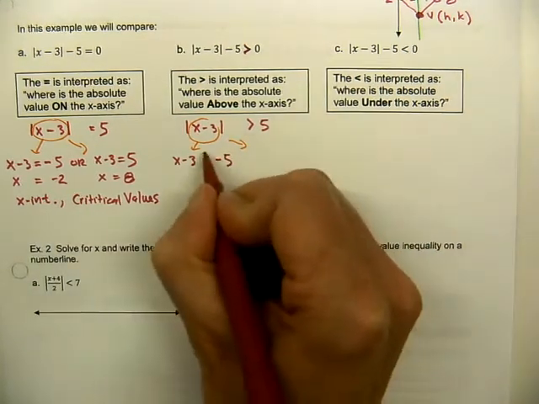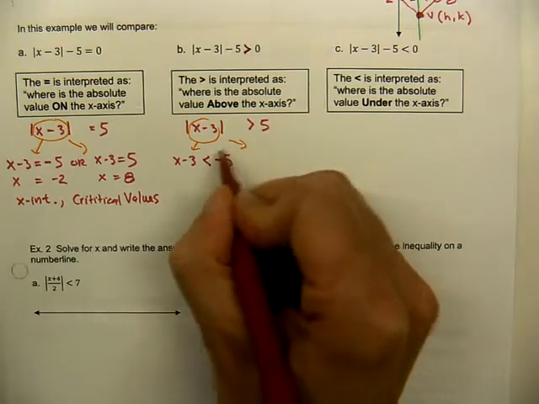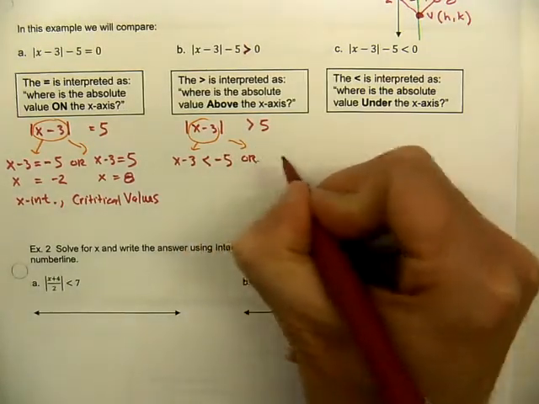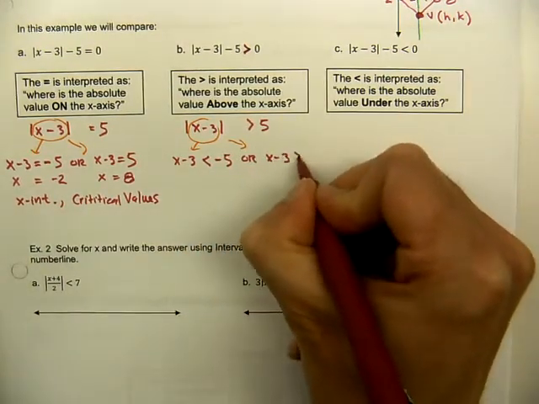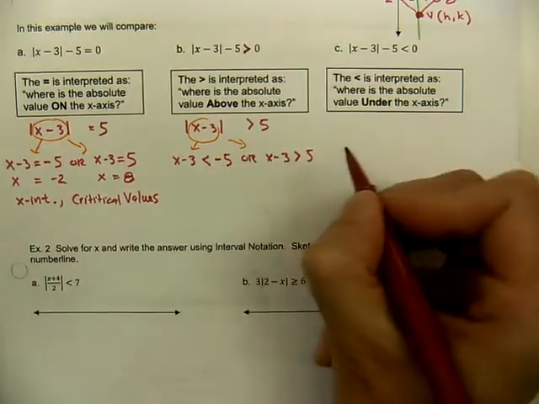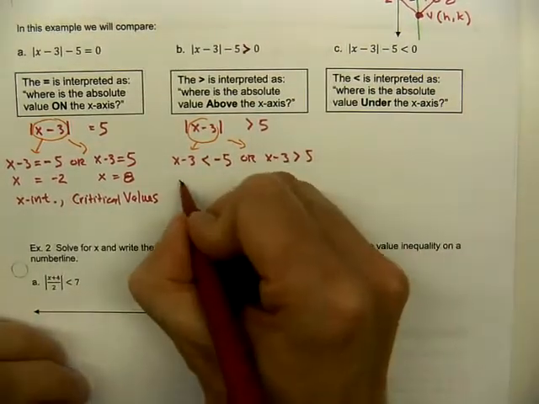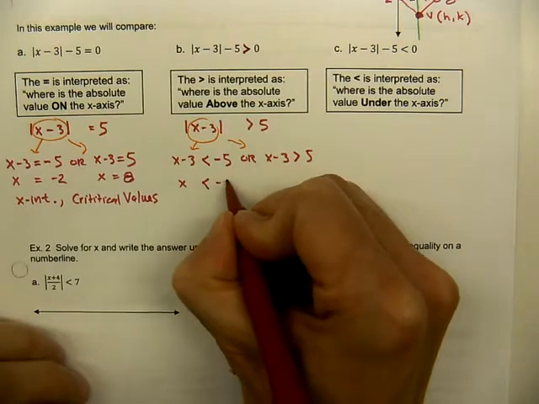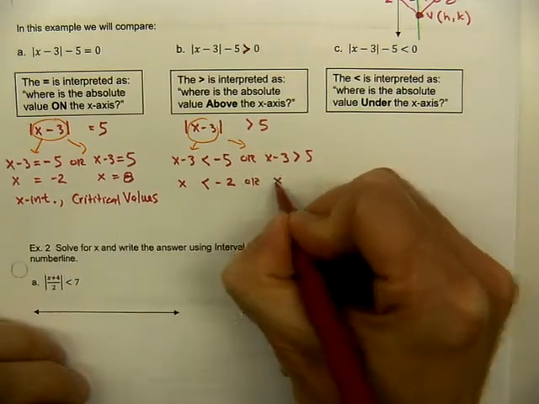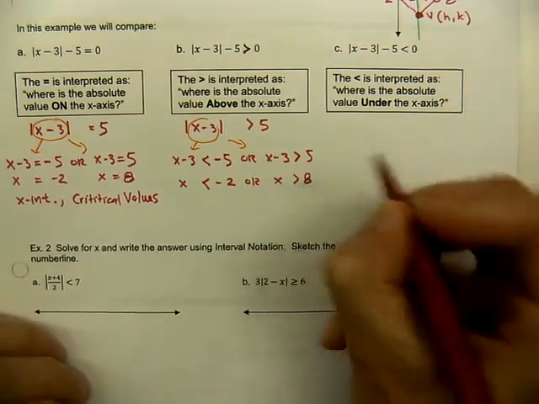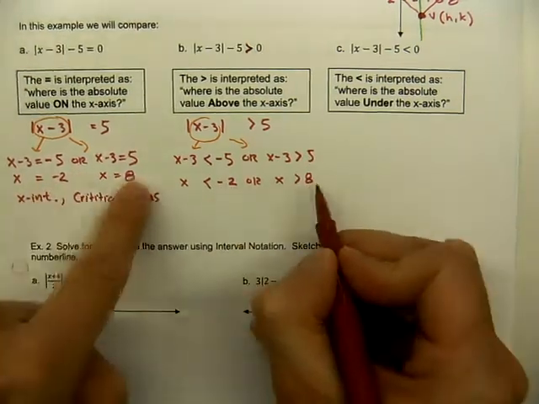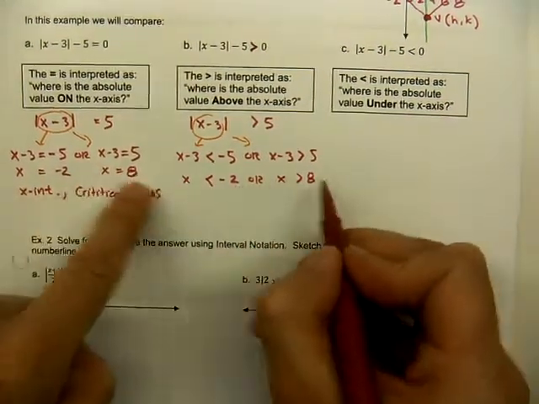So you change the direction of the sign, and you change the sign on the number. Or we have x minus 3 is greater than 5, just as you read it right there. So we're adding 3 to both sides, so you get x is less than negative 2, and x is greater than 8. Notice you get the exact same critical values. So those numbers show up the same way.